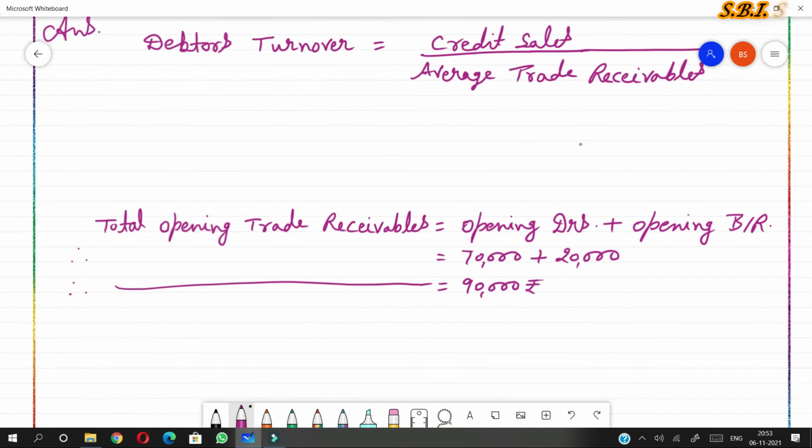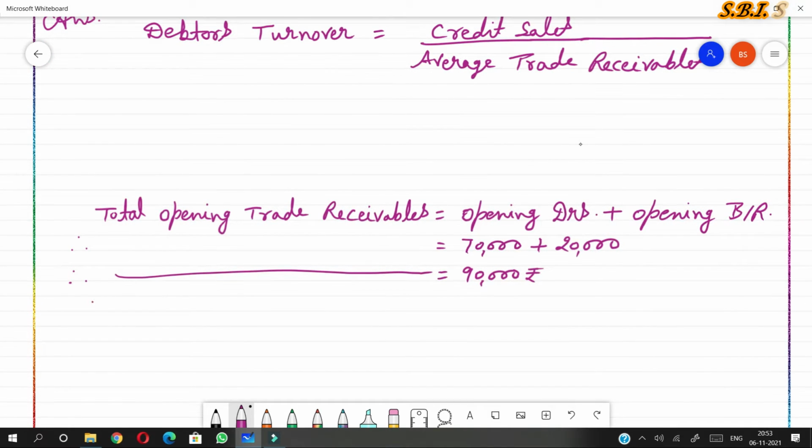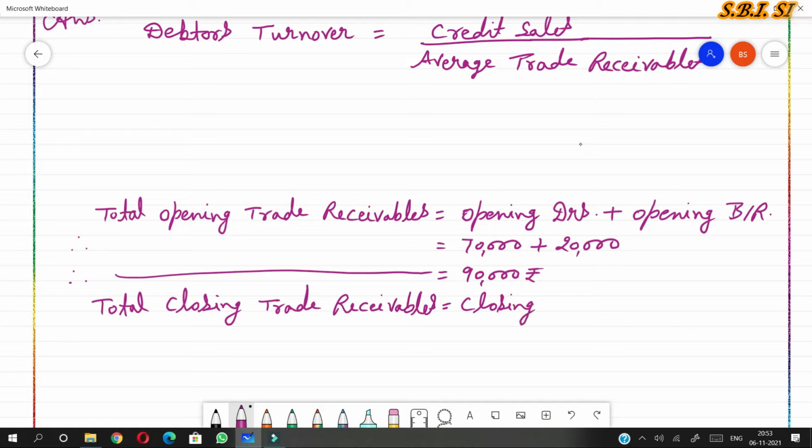Same way we will find out total closing trade receivables, which equals closing debtors plus closing bills receivable.